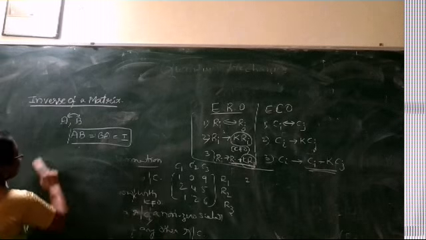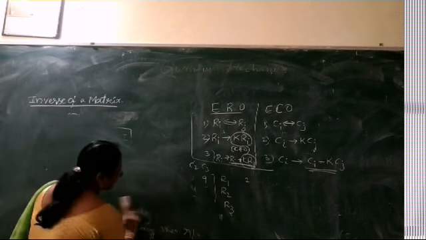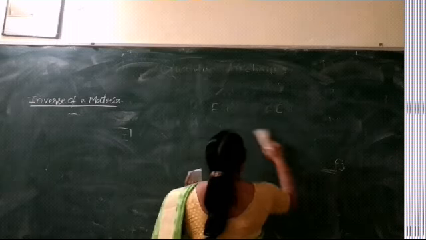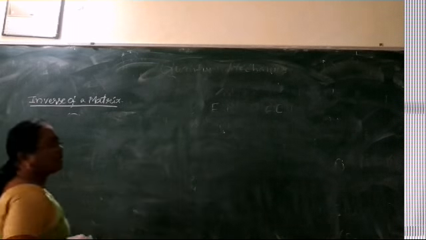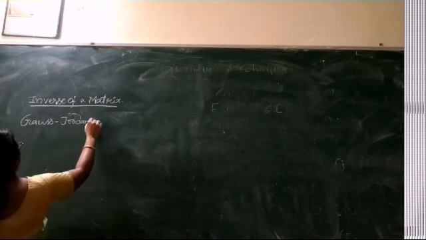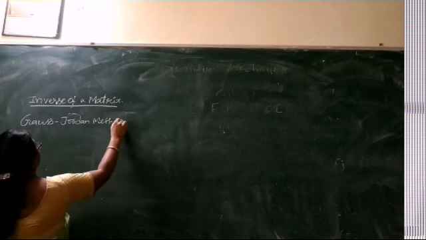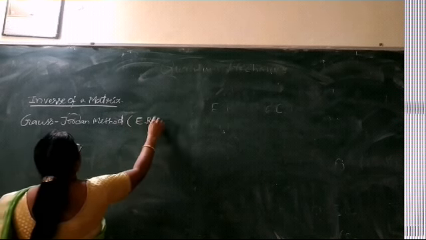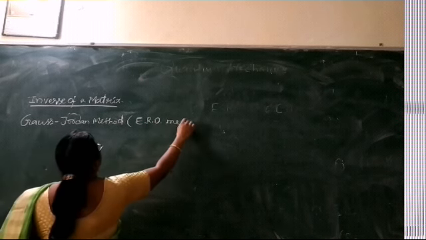Let me now explain the process we follow in the Gauss-Jordan method, which is also called the elementary row transformation method. So we are looking at the procedure of the Gauss-Jordan method, which is also called the elementary row operations method.